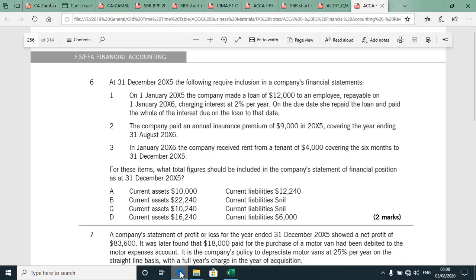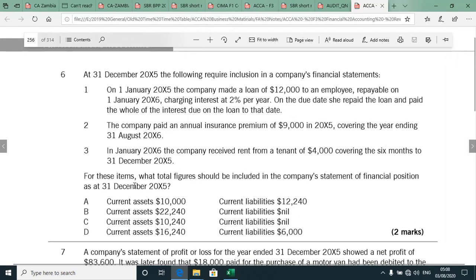On 1st January, let's first of all take note of the fact that our cutoff, our year end, is 31st December. I hope that you can see this date. But on 1st January X5, the company made a loan of 12,000 to an employee, repayable on the 1st of January X6, charging interest of 2% per year. On the due date, she repaid the loan and paid the whole of the interest due on the loan.